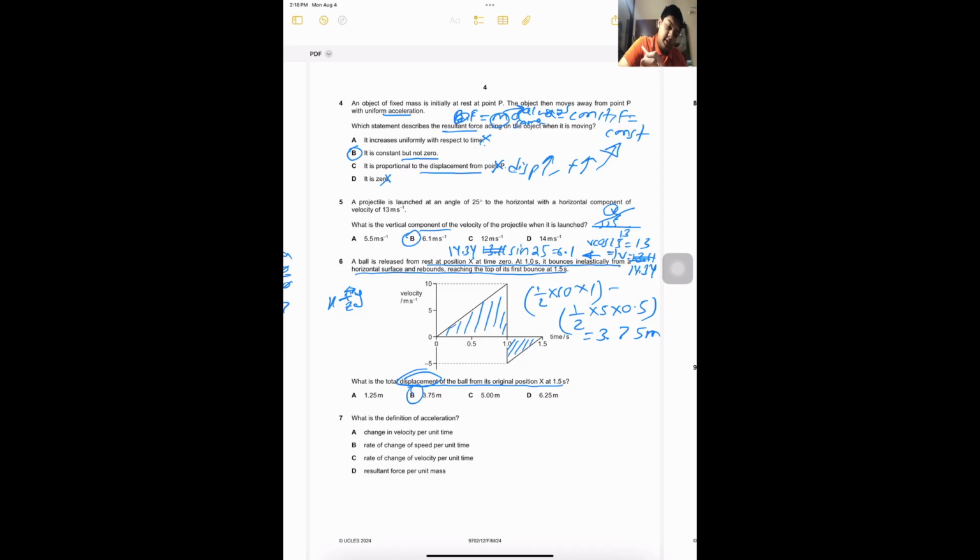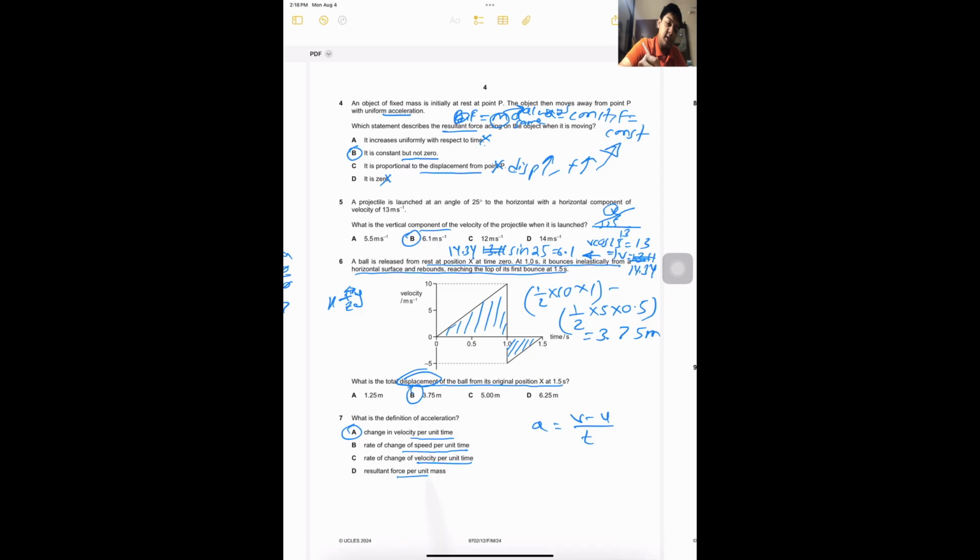What is the definition of acceleration? Acceleration is v minus u, which is final speed minus initial speed, by time. It is change in velocity per unit time. Correct. Rate of change of speed per unit time? It is not the rate of change of speed per unit time. Rate of change of velocity per unit time. Not really. Resultant force.